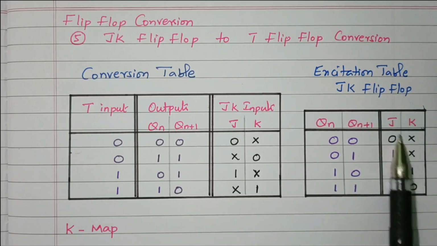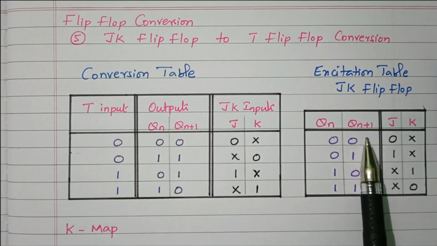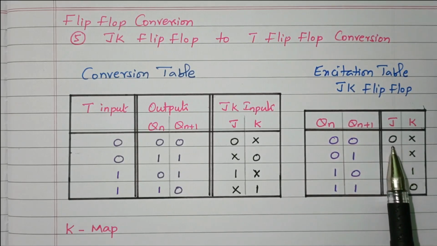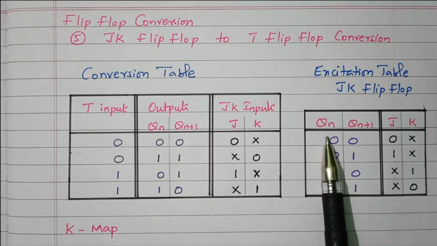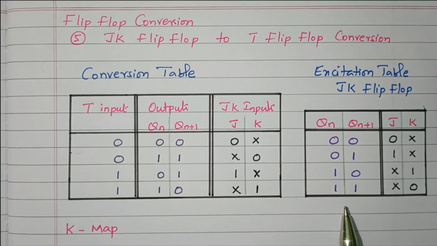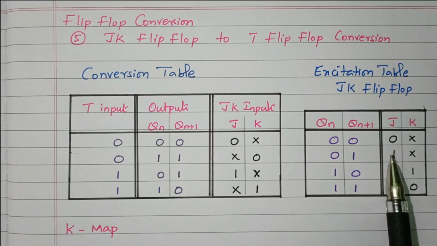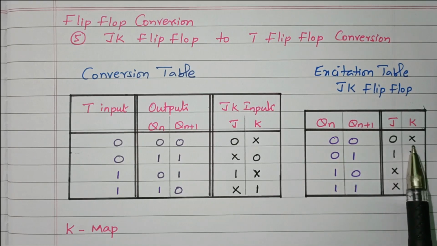So this is the excitation table of the JK flip-flop, with Qn plus 1 output. For that we are checking two inputs, J and K. Two variables, four combinations are available: 0 0, 0 1, 1 0, 1 1. A separate video explaining the JK flip-flop is available. For 0 0, the JK input should be 0x: J is 0, K is x.